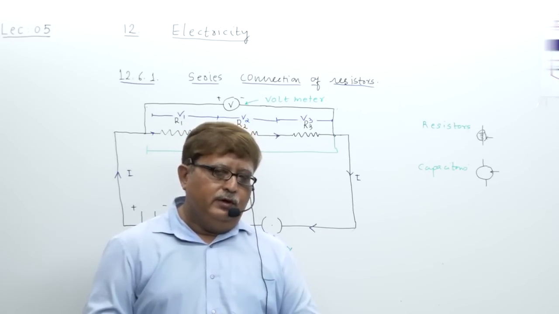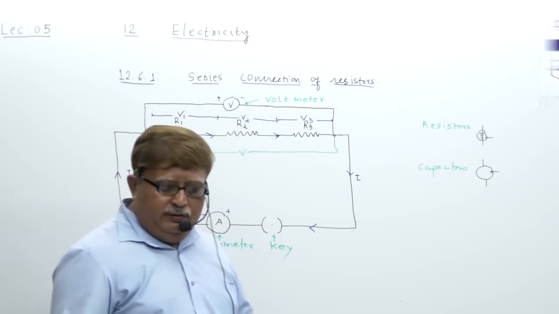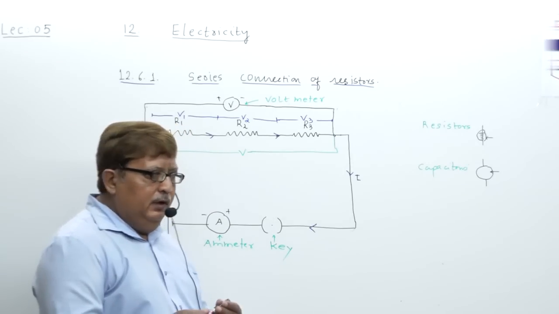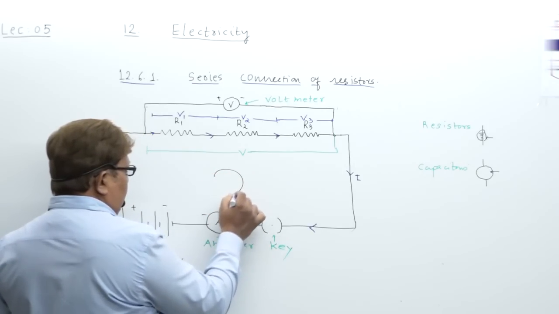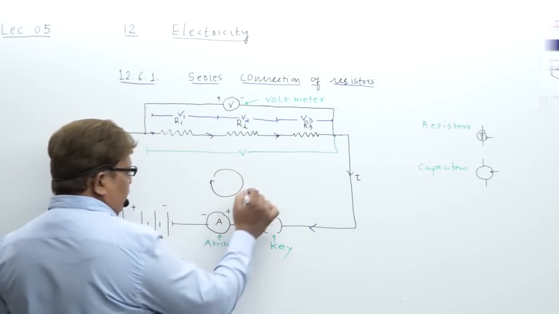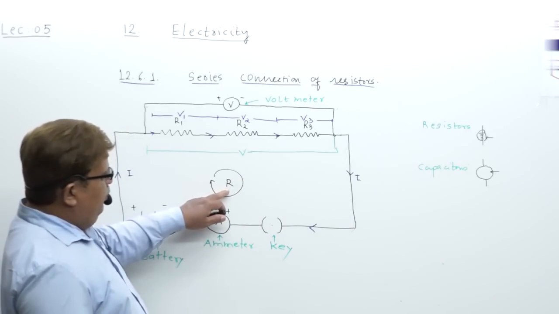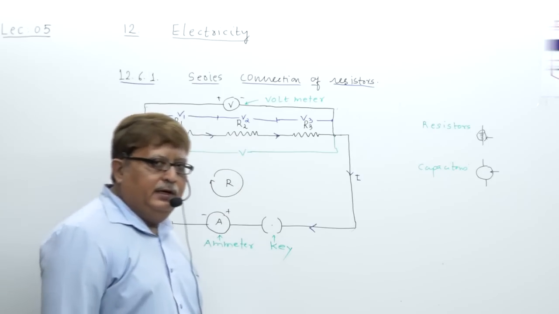Okay, my dear student, suppose you think that three resistors are connected in series, and suppose the overall total resistance of the circuit is R. So what is the relation between R1, R2 and R3?